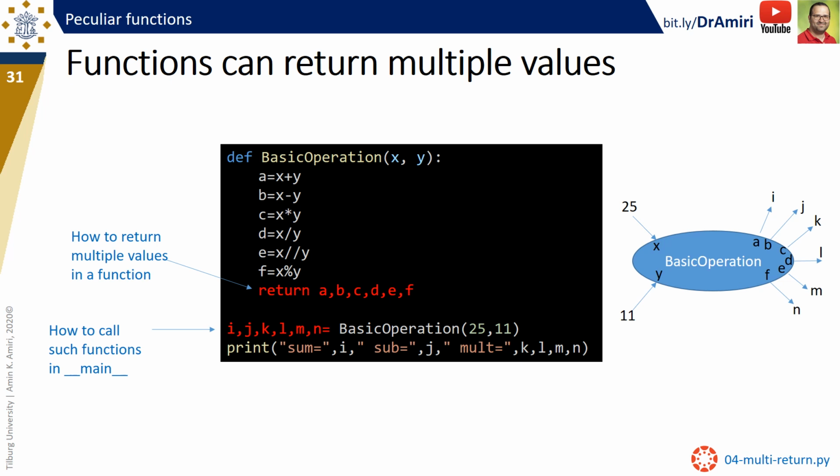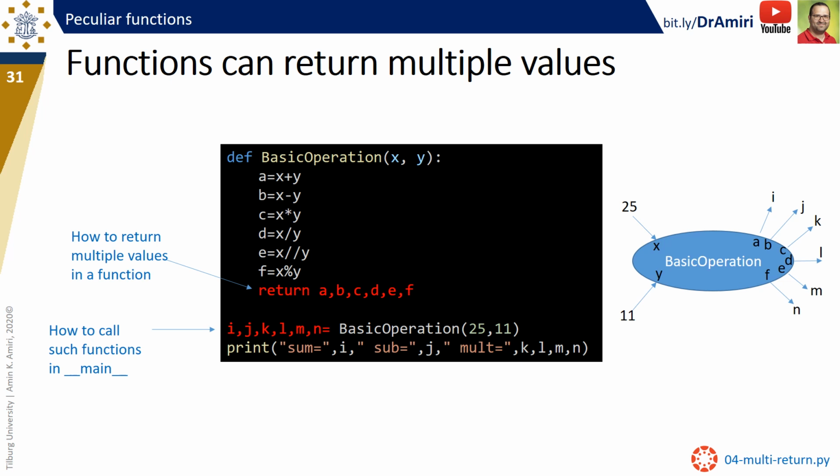When you do that, note that you need to have all those variables repeated in the same order that you see in the return statement in the main body of the code.